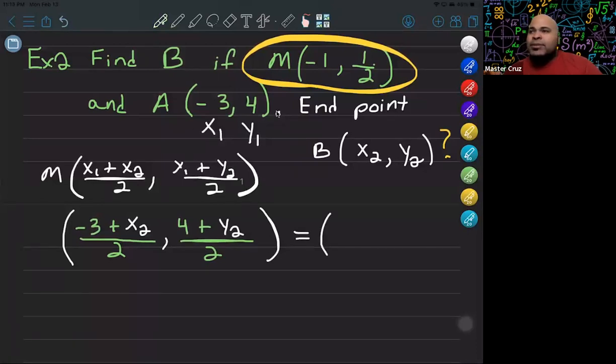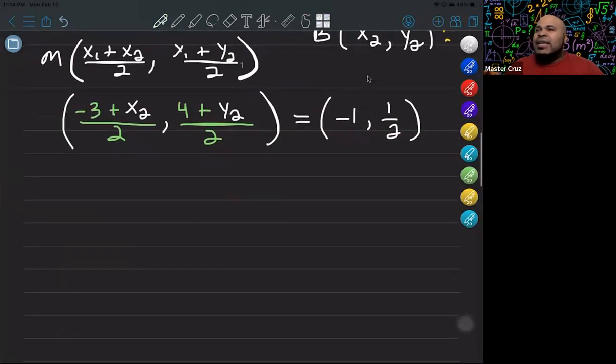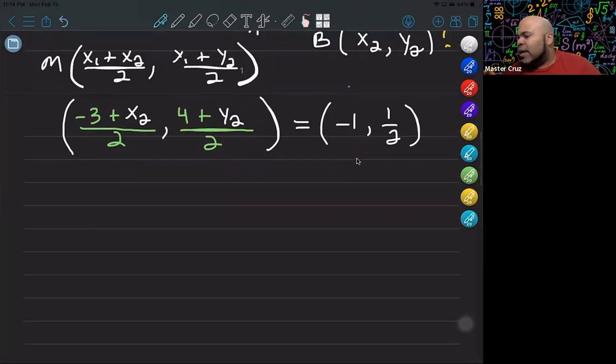And the midpoint is -1 comma 1/2. So now I have the numbers that correspond with each side of the point. I know that this is going to equal -1 because remember, this is the x value of my midpoint and this is the y value of my midpoint.